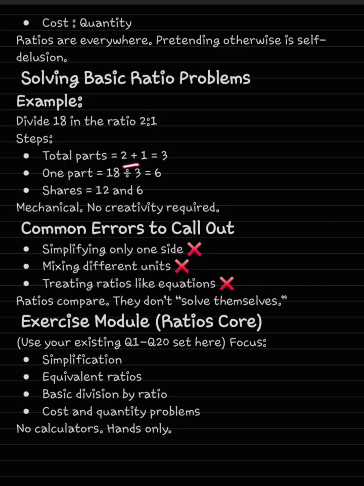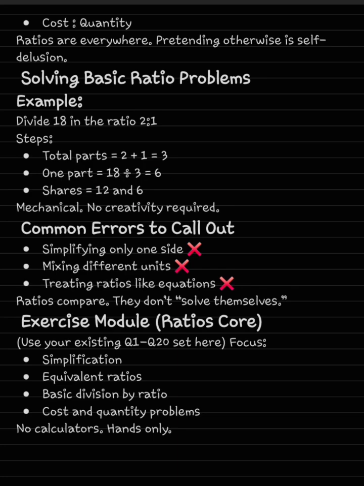Add the components of the ratio together. 2 plus 1 equals 3 total parts. Determine the value of one part. Divide the total sum, 18, by the total number of parts, 3. 18 divided by 3 equals 6. Therefore, every single part in this problem is worth 6 units.